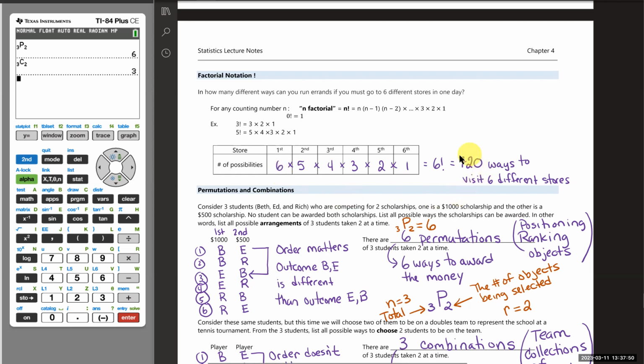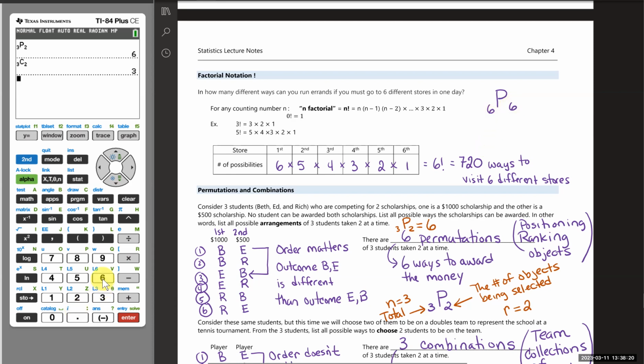So another way to get this answer that we found before, 720, would be to say, let's put it up here, permutation, because different orders are different routes for the day as we travel to the stores. We would have 6 stores that we'll be going to, and we're choosing all 6 to visit. So those 2 values can be the same. So for these 6 stores, how many ways can I arrange 6 of them in the order I would like to visit?